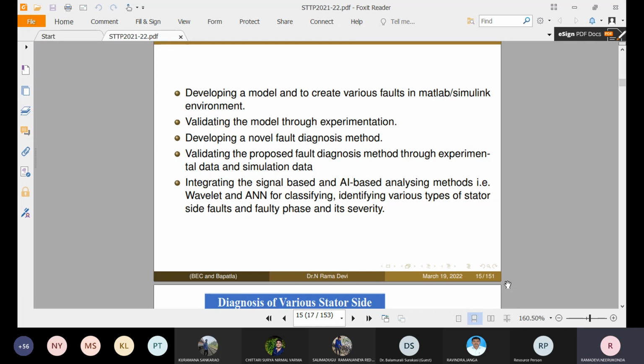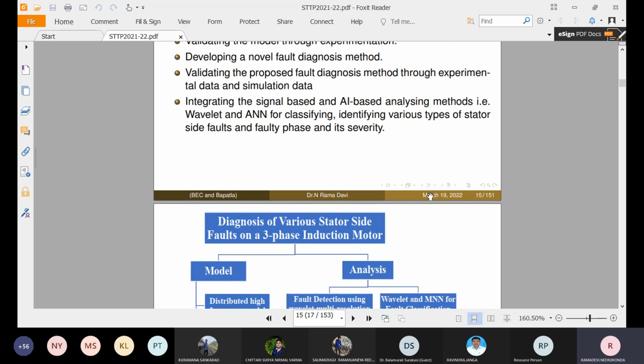After that, validating the proposed fault diagnosis algorithms through experimental data along with the simulation data. Integrating the signal-based and AI-based analyzing methods and classifying the faults, identifying the faulty phase and its severity levels. So these are the objectives.